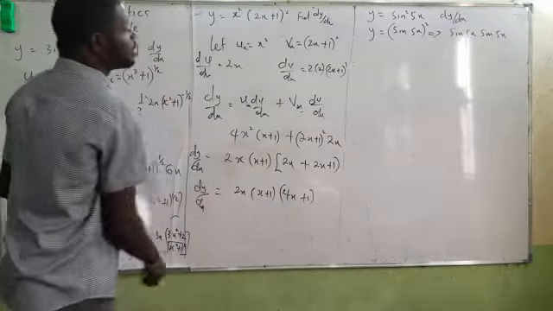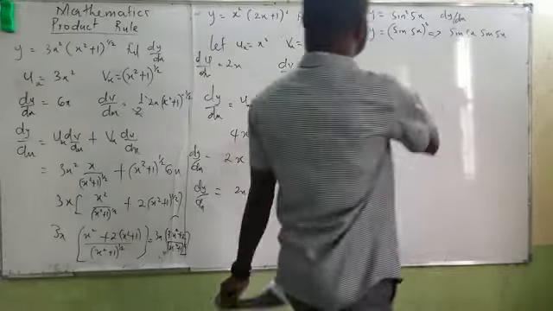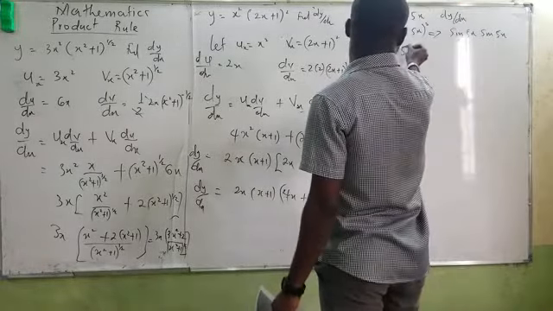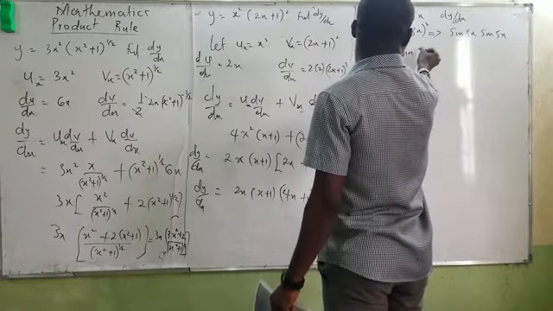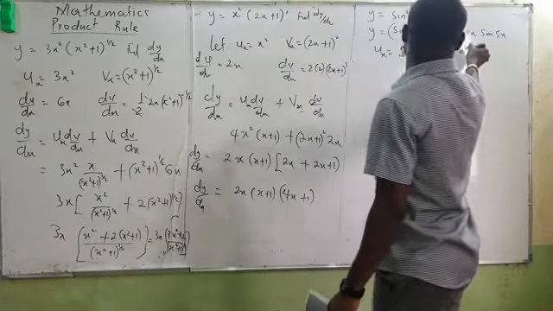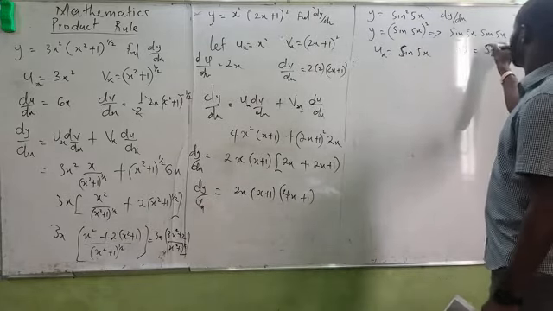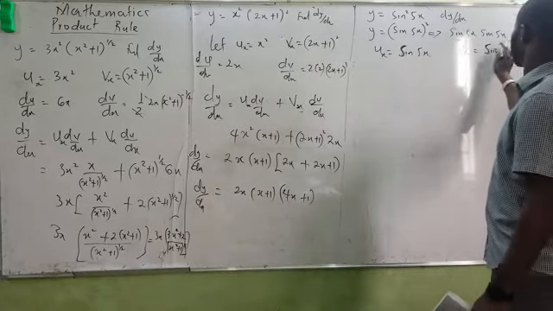Okay. Now, the last part, which is this, I can decide to let u of x equal to sine 5x, and v of x equal to, no, this is not 5, sine 5x.